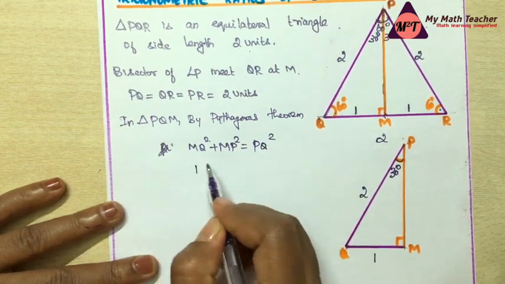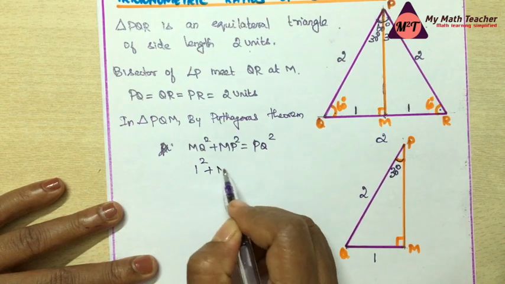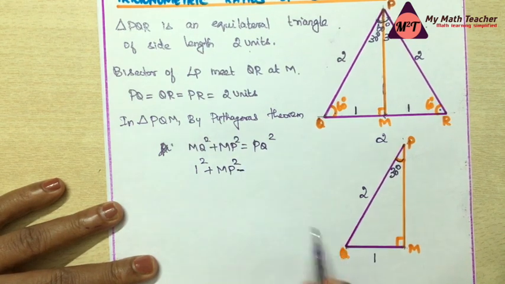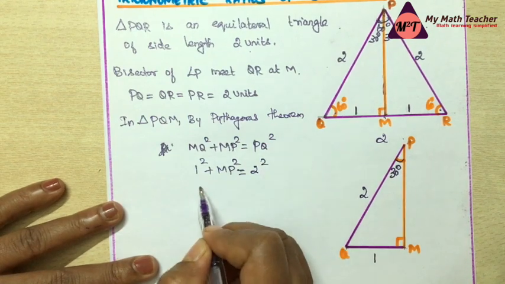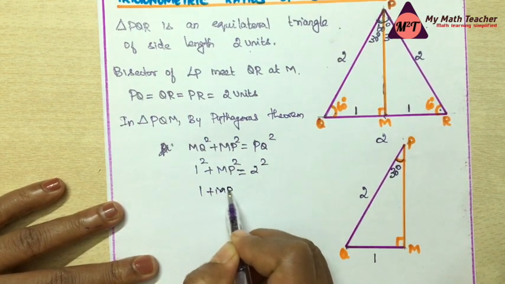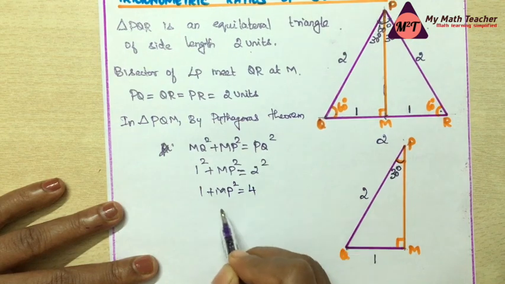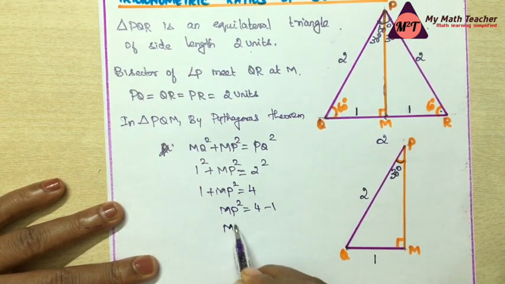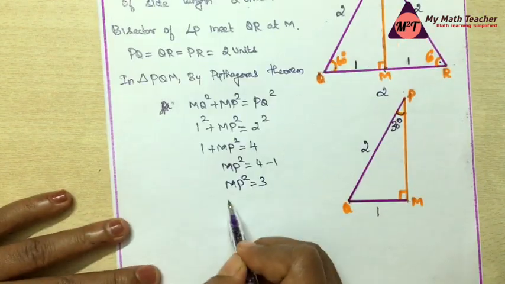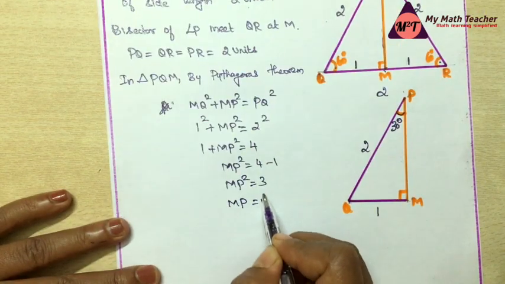MQ is 1 here, square it, plus MP square, keep it as it is, equal to PQ square, that is 2 square. That is, 1 square is 1, plus MP square is equal to 4. MP square is 4 minus 1, MP square is 3, MP is square root of 3.